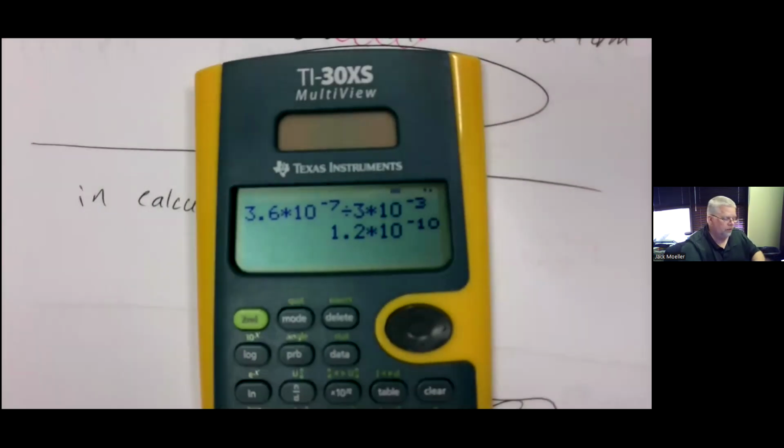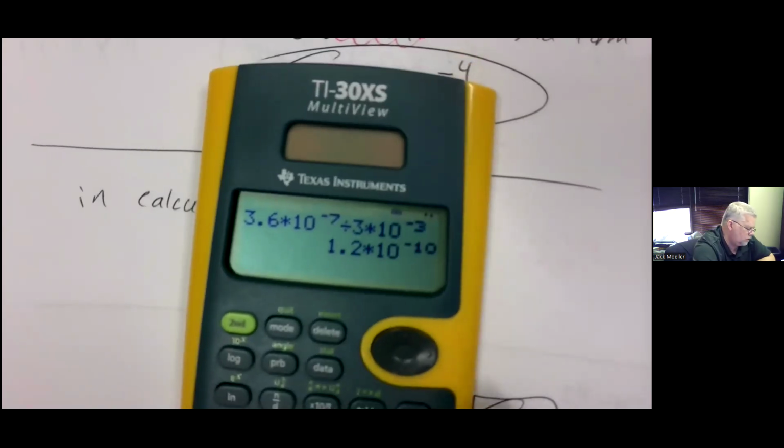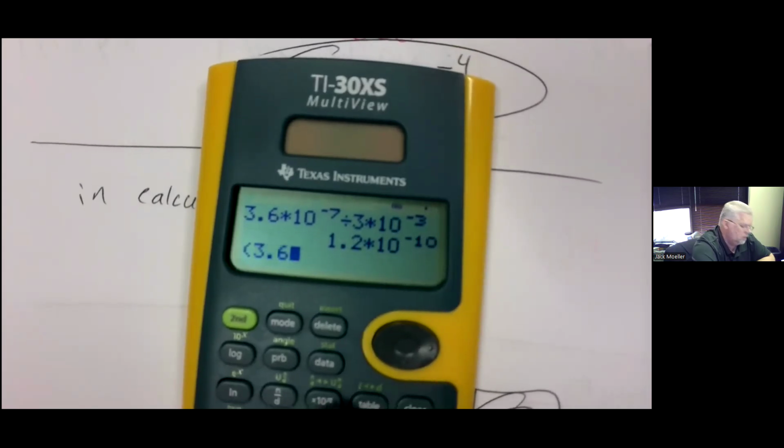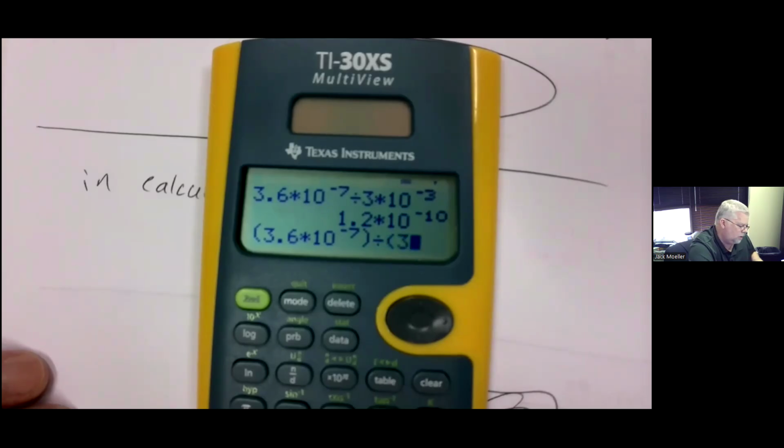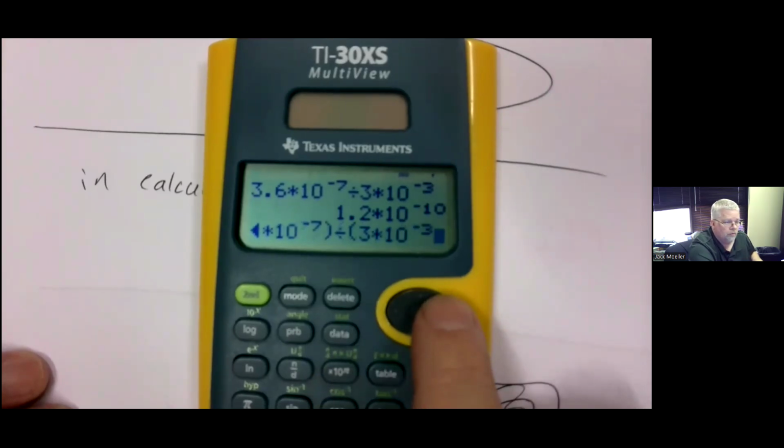I'll show you two ways to deal with this. Let's redo this. Put parentheses around 3.6 times 10 to the -7, cursor over, you get big parentheses, and then divide by 3 times 10 to the -3, cursor over.